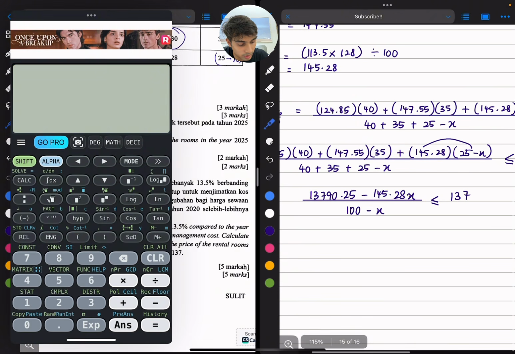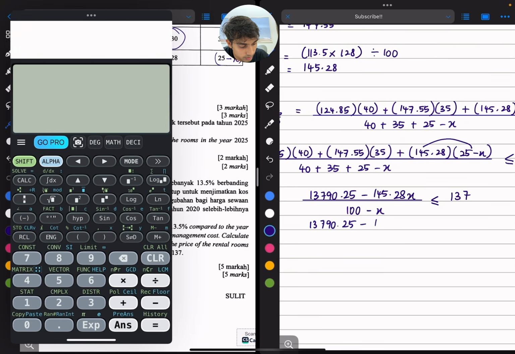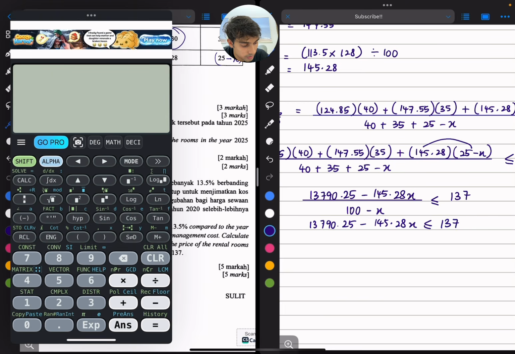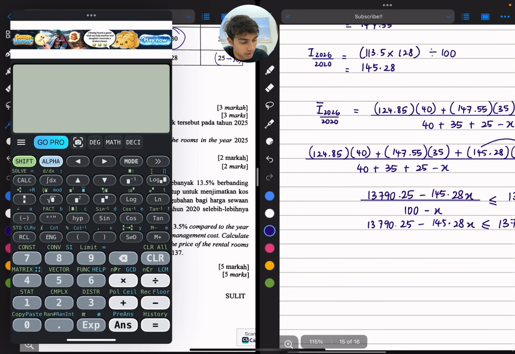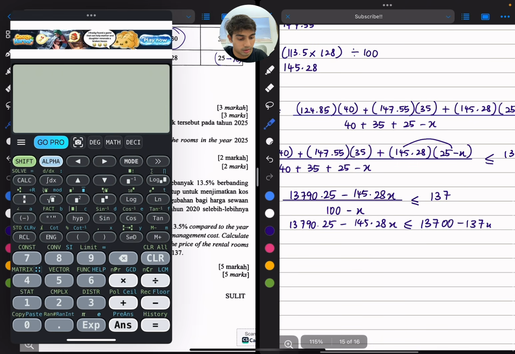Then this whole thing is at most 137. We bring the denominator over, giving 137 times (100 minus x). Then whichever has x, we bring to one side.